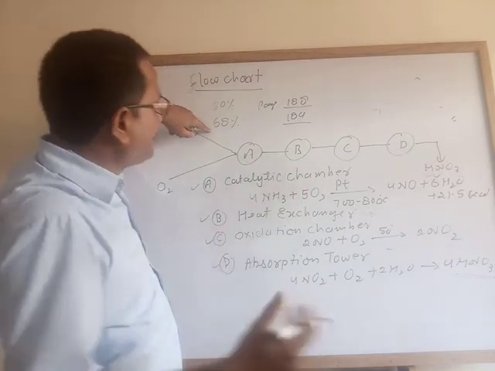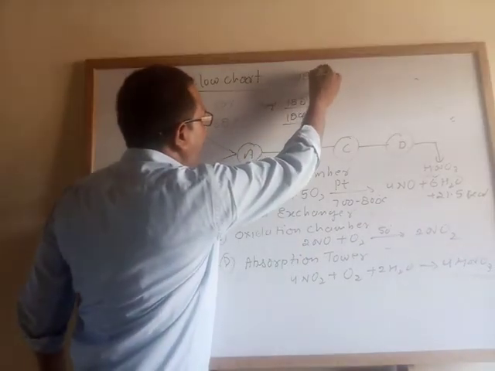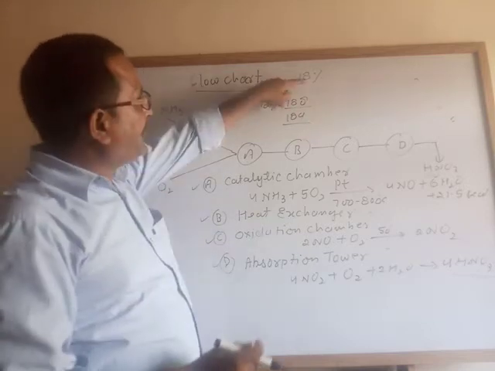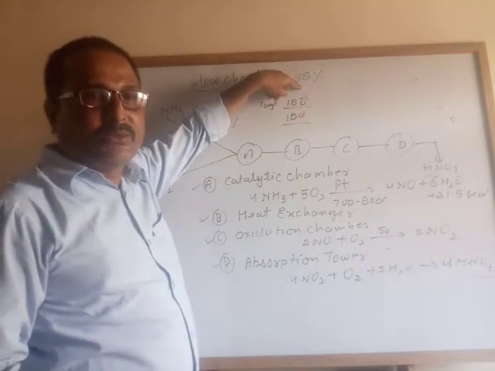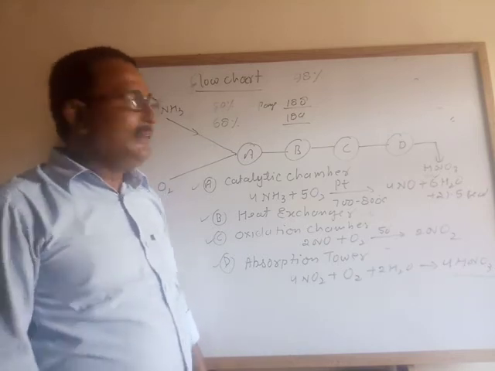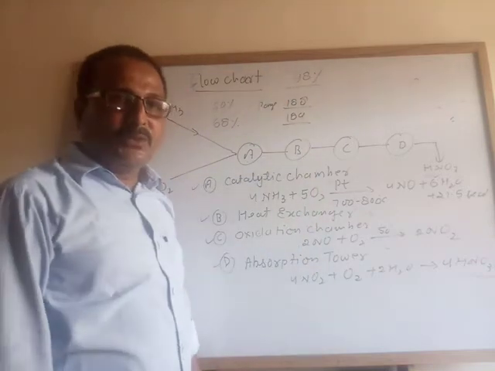After further distillation or boiling, we convert it into 98% nitric acid. The concentrated 98% nitric acid is known as fuming nitric acid. What is fuming nitric acid? The 98% concentrated acid is known as fuming nitric acid.